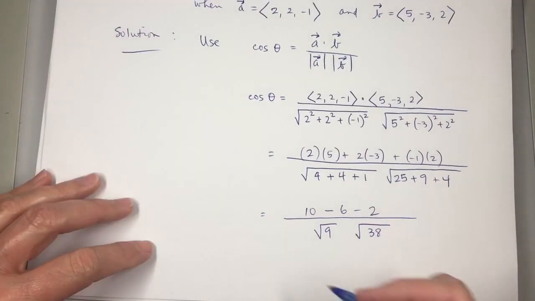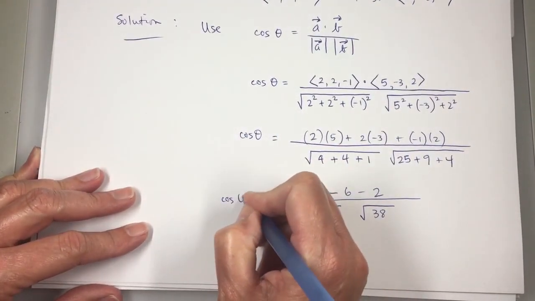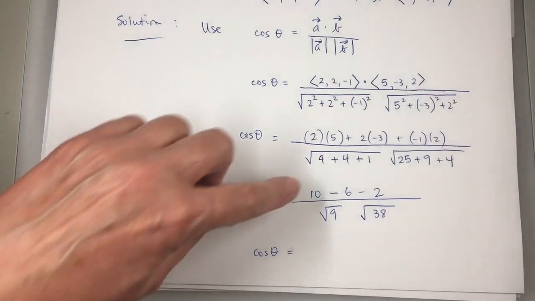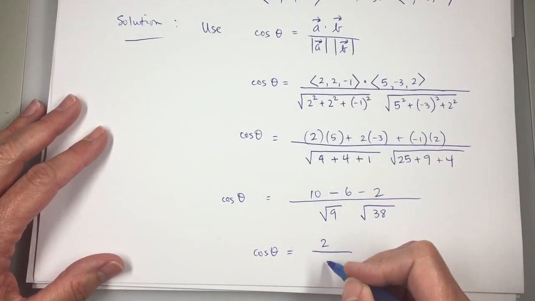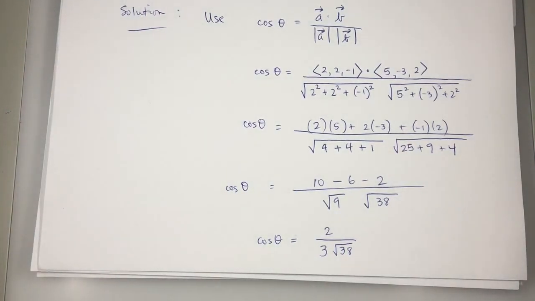I'm going to end up with, now this is cosine theta. Cosine theta is, okay, 2 on the top. Square root of 9 is 3. So the bottom is 3 times the square root of 38.